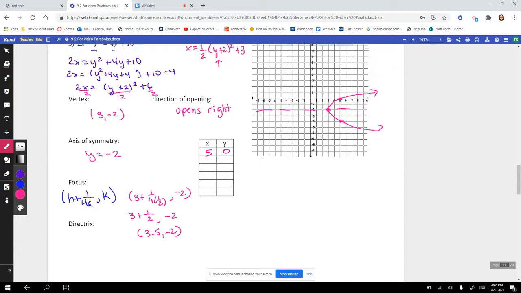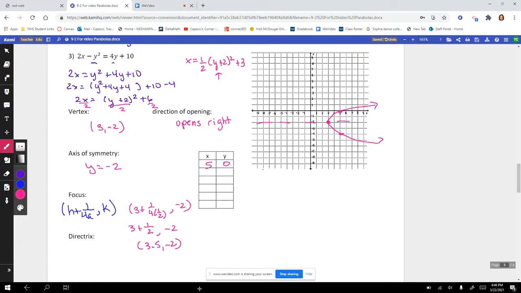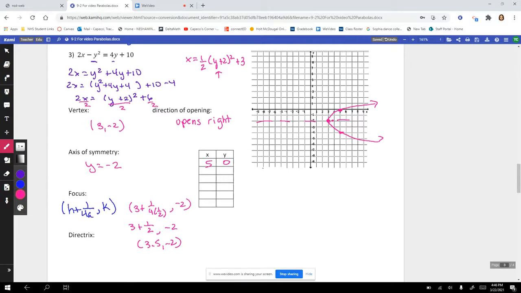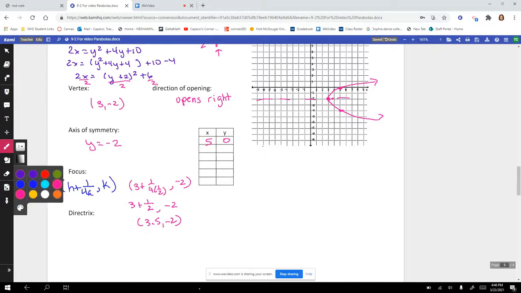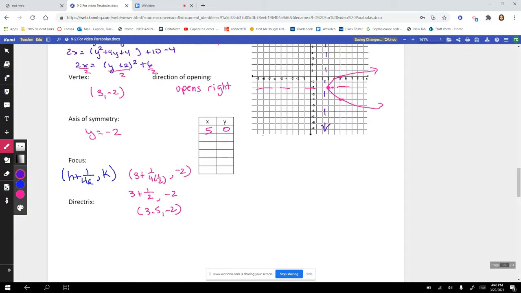So my focus is going to be 3.5, -2 right here. My focus is basically 0.5 away from my vertex, so my directrix in the other direction is going to be 0.5 away, right here at 2.5, since my vertex has a value of 3. So I have x is equal to 2.5.